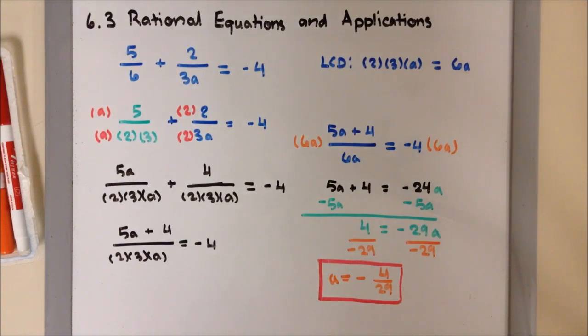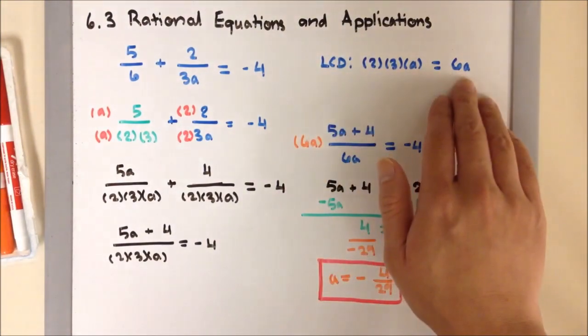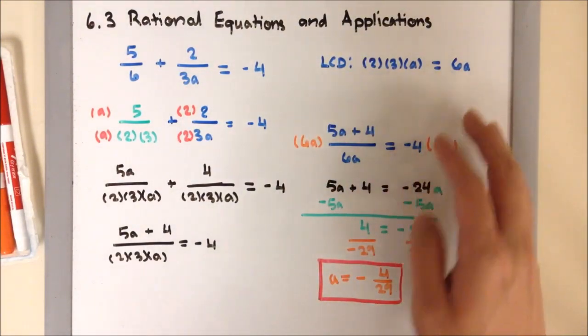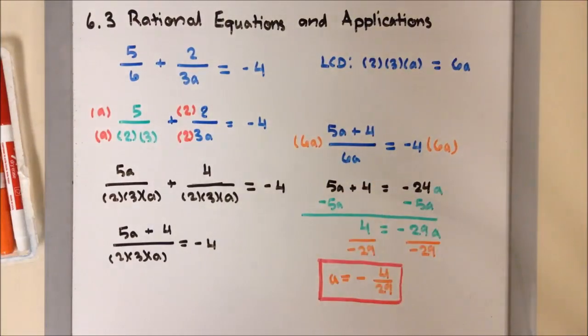The difference between this example and the one we're going to cover is that our LCD can be written as 6a. Once it's written that way, you can solve normally, just like the previous 2 examples that we did. But the final example will be a bit different.